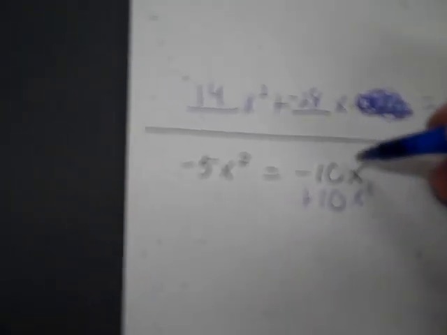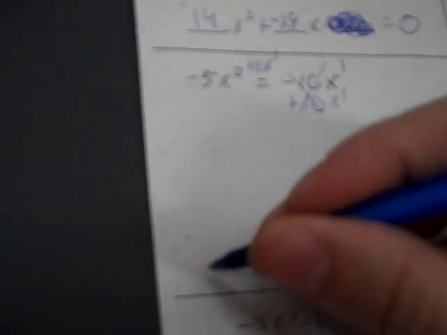And that's 0 then. But then you have to do the plus 10x to 1 over here somewhere. Well, it's x to the 1, and I don't see x to the 1, so I put it up above the equal sign.